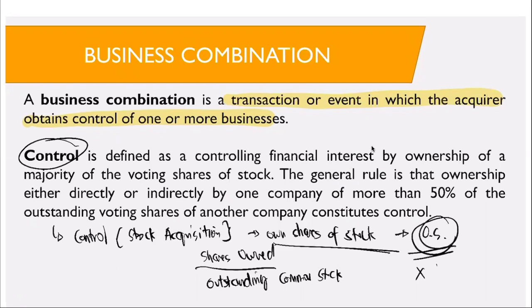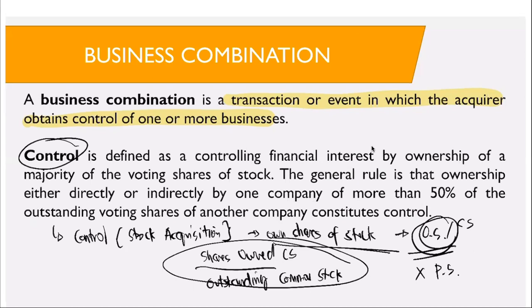There is no presence of control if you own preference shares. That's why in our formula, our shares owned on common stock, we divide by the outstanding common stock. So the ownership or control is tested only based on common stock or ordinary shares, but not on preference shares. Okay, so take note of this.